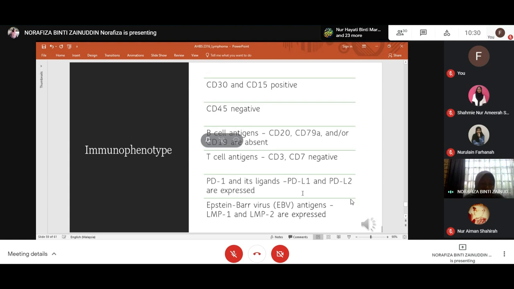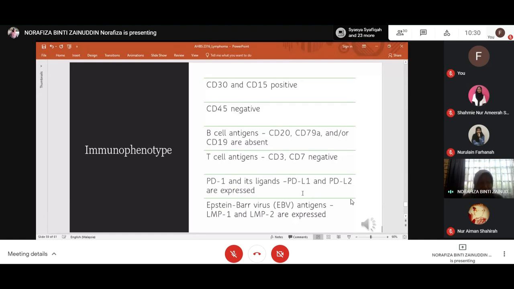Epstein-Barr virus antigens are expressed in EBV positive cases of classical HL. And the tumor cells express EBV latent membrane protein, LMP 1 and 2.